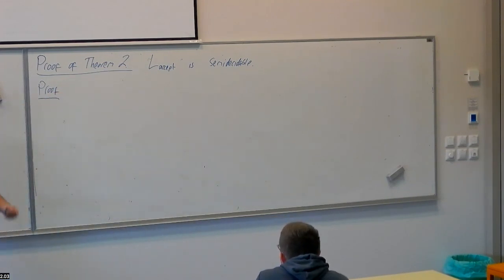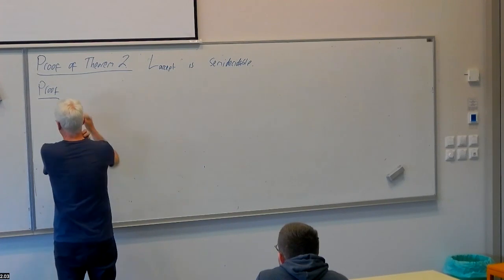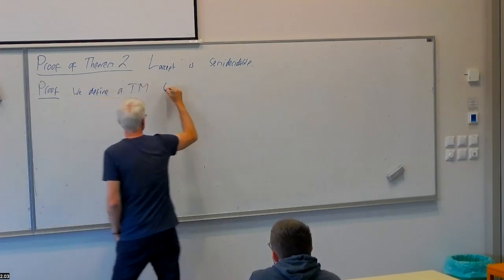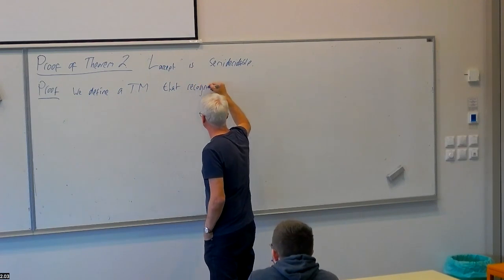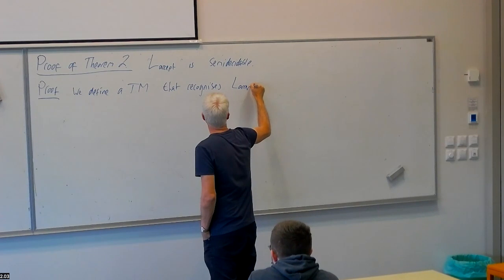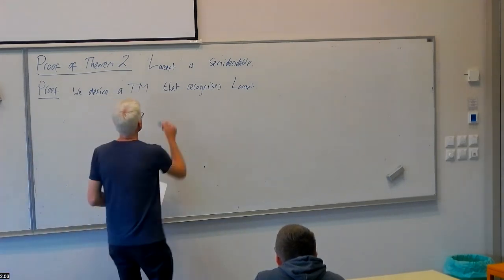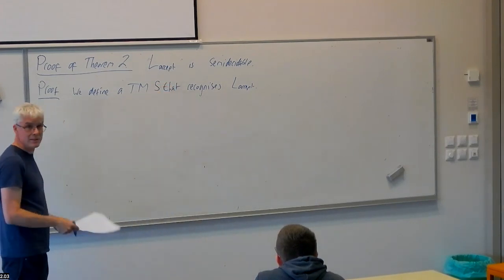So we want to define a Turing machine that recognizes the language L_accept. In the exercise classes, you've been programming Turing machines. I'm not going to program this Turing machine, just like I didn't program the universal Turing machine. I'm going to describe at a high level what the relevant Turing machine does. This is called S in the notes because it semi-decides the language.